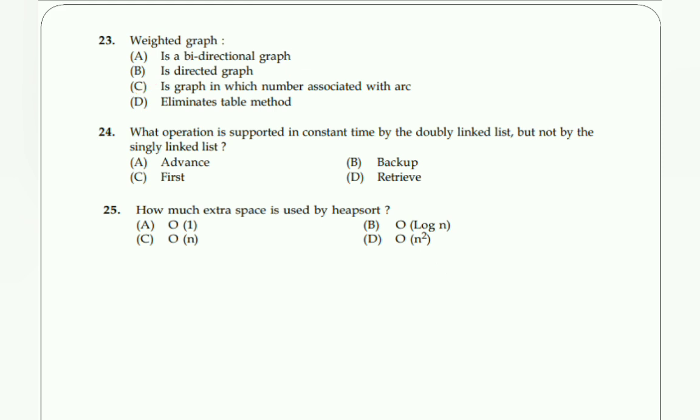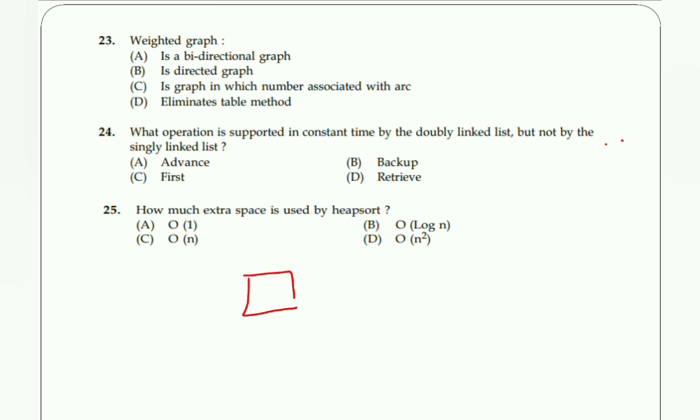So next one, what operation is supported in constant time by the doubly linked list but not by the singly linked list? Doubly linked lists are easier to manipulate because they allow fast and easy sequential access to the list in both directions. But a singly linked list cannot access the back node or previous node. We know that there are two types of linked list, that is singly and doubly linked list.